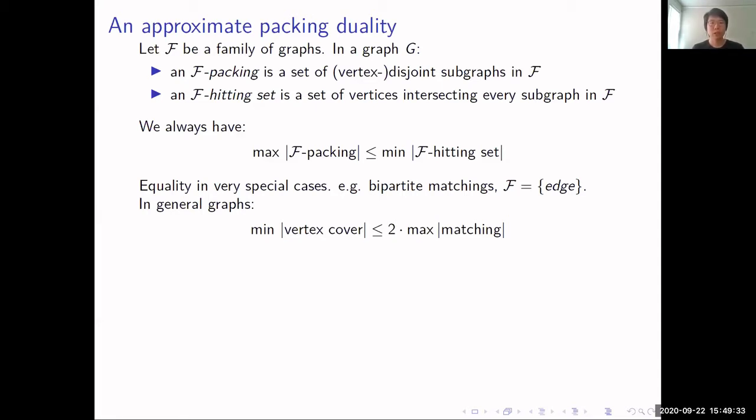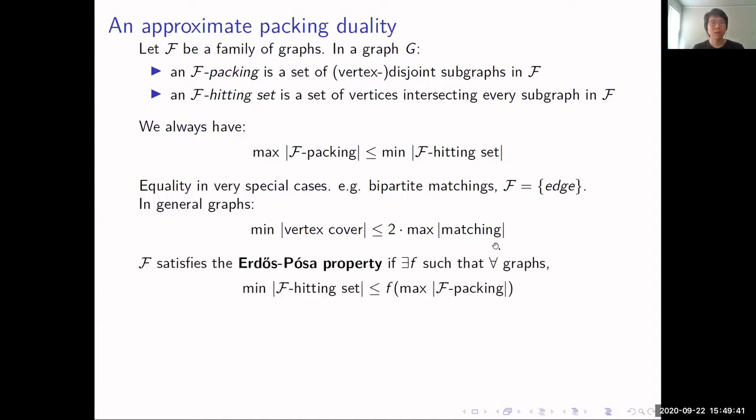In general, if we can bound the minimum size of a vertex cover by some function of the maximum size of a packing, then we say that the family F satisfies the Erdős-Pósa property. So if there exists some function, it doesn't matter how large, that only depends on the family, such that in every graph the minimum size of a hitting set is bounded as a function of the maximum size of the packing.